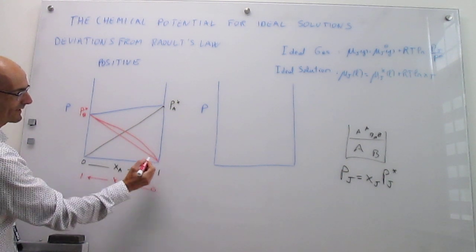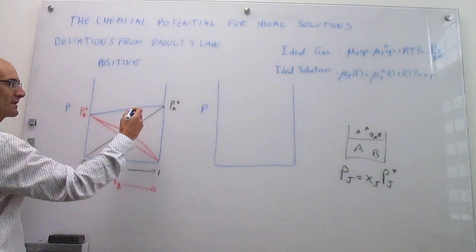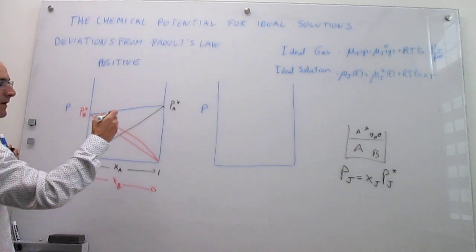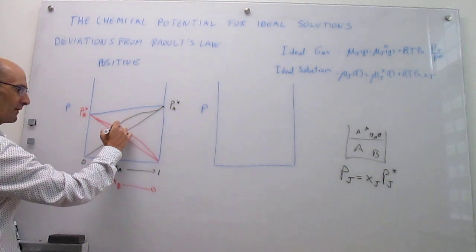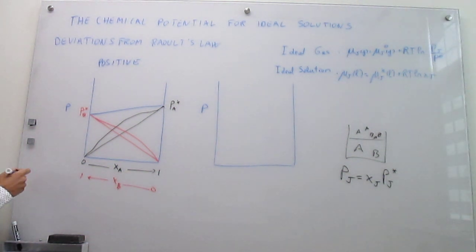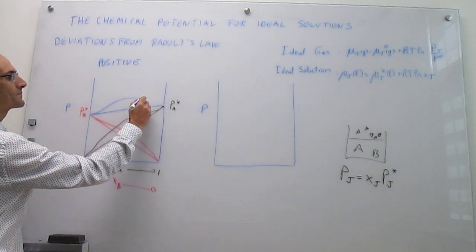That is what happens in reality if you have a positive deviation. Then for component A, you're going to have exactly the same thing. It's going to be a little bit above the prediction of Raoult's law, and for the total, you're going to have exactly the same. So for the total, it's going to be something like this.